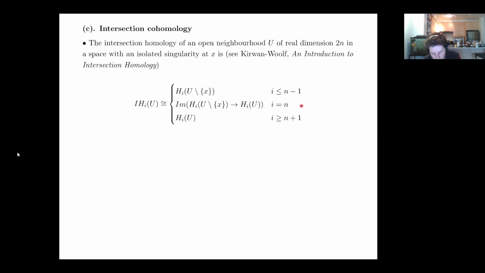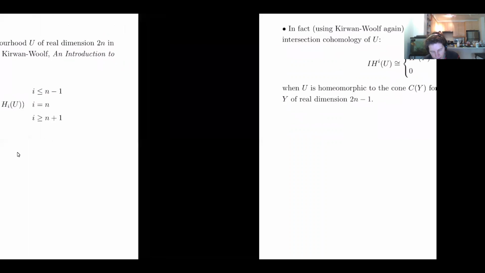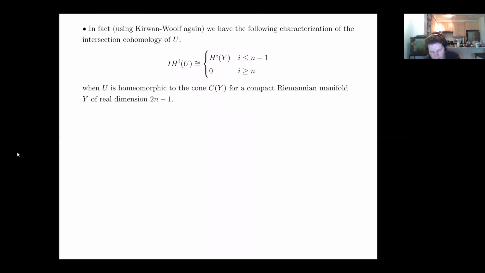For i equals n, you have the image of the homology of the complement into the homology of U.